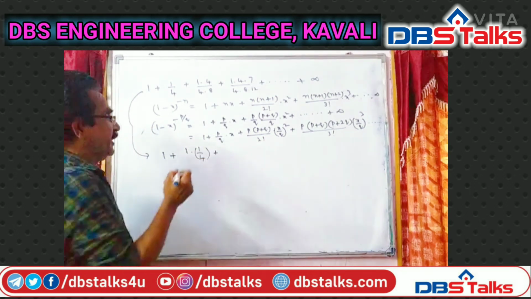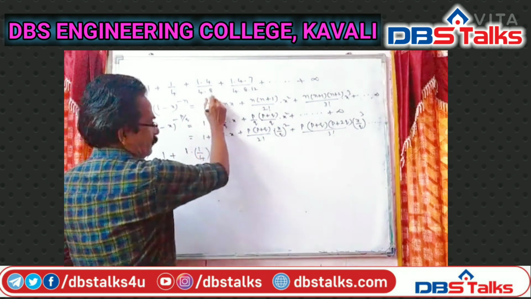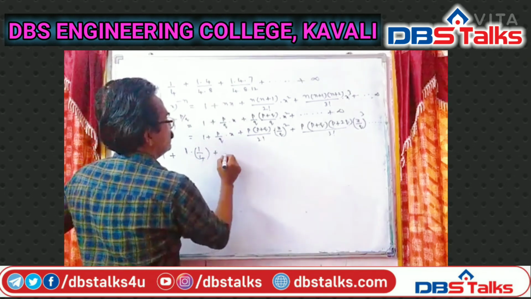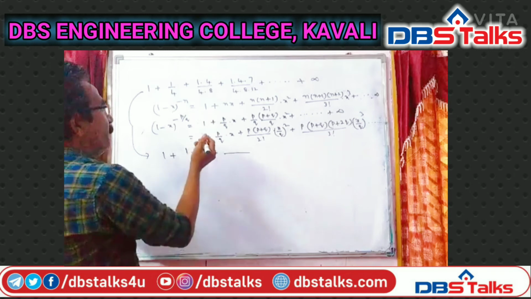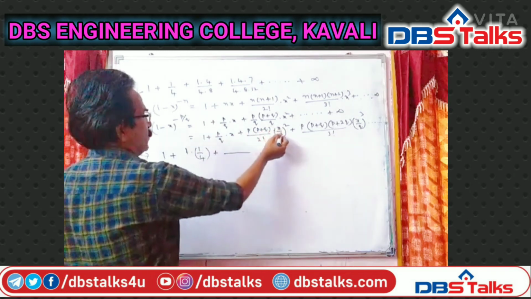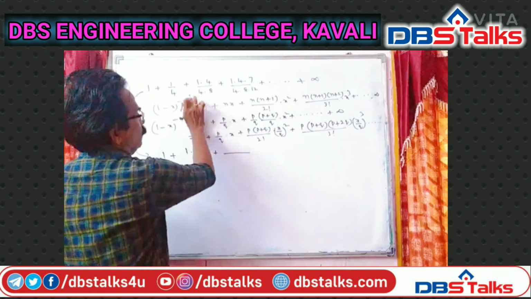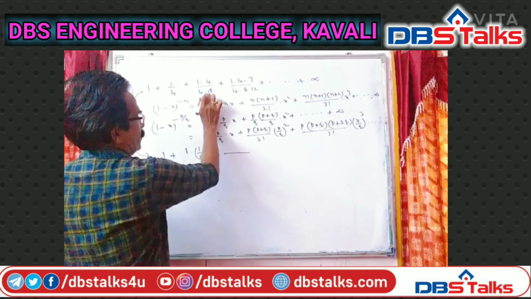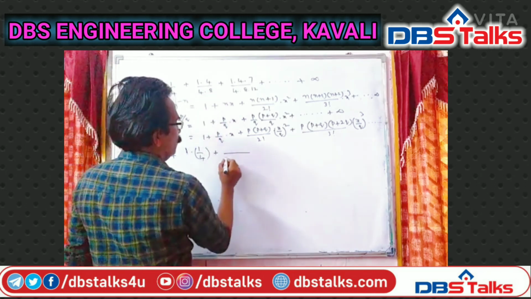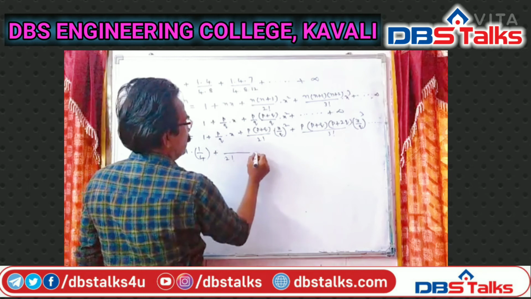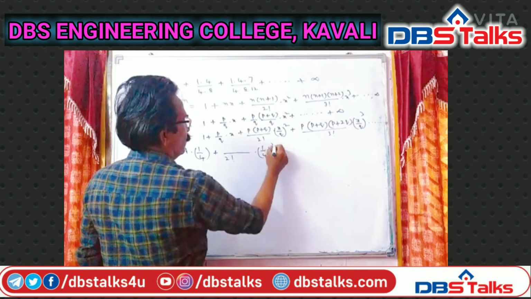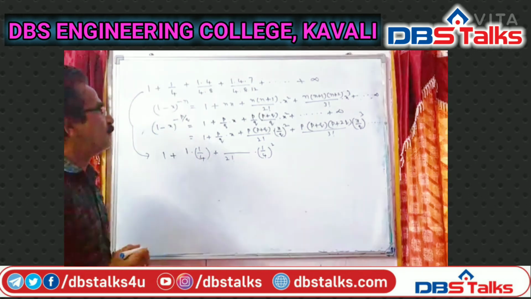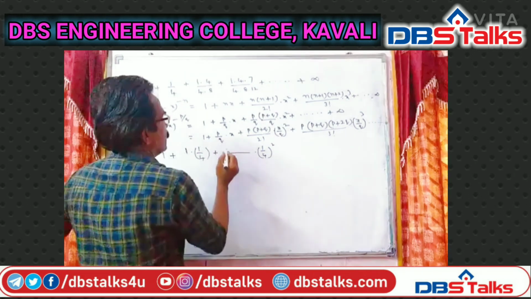What should be the numerator? It is p into p plus q, over 2 factorial, into (x by q) whole square. So if you take 2 factorial out, that is 2 factorial into (1 by 4) whole square, into p plus q.